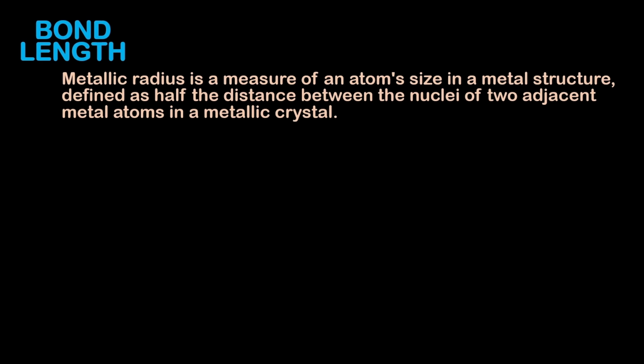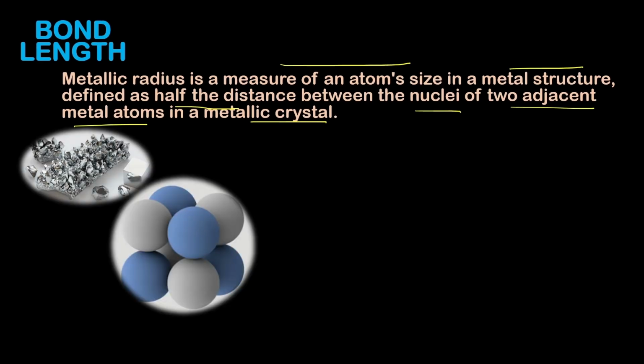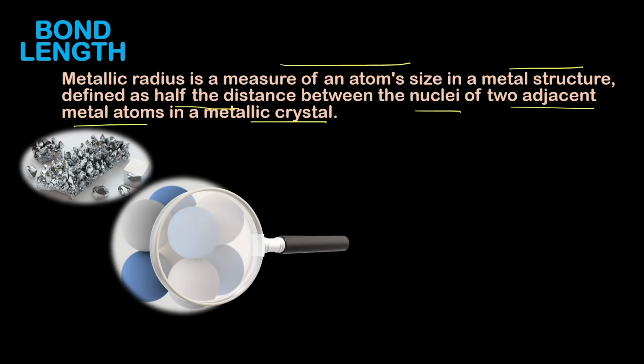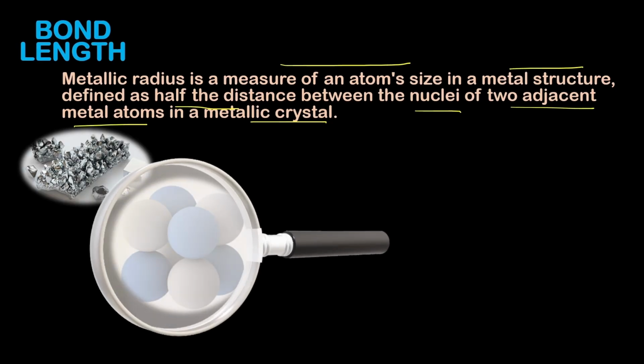Next is the metallic radius. It's a measure of an atom's size in a metal structure, defined as half the distance between the nuclei of two adjacent metal atoms in a metallic crystal. For that, let us knock down a chunk of this metal piece from here, and looking through a highly defined scanning device, we could be peeking into the internal structure of the metal.